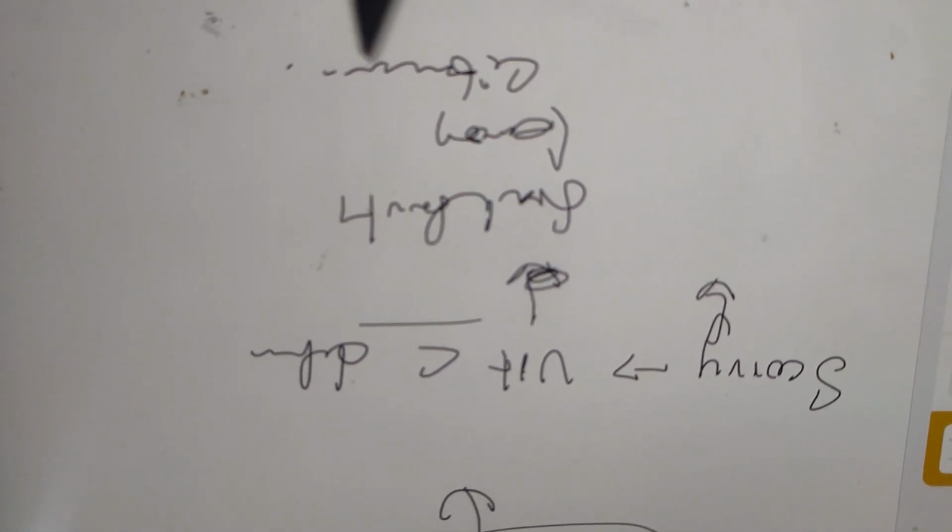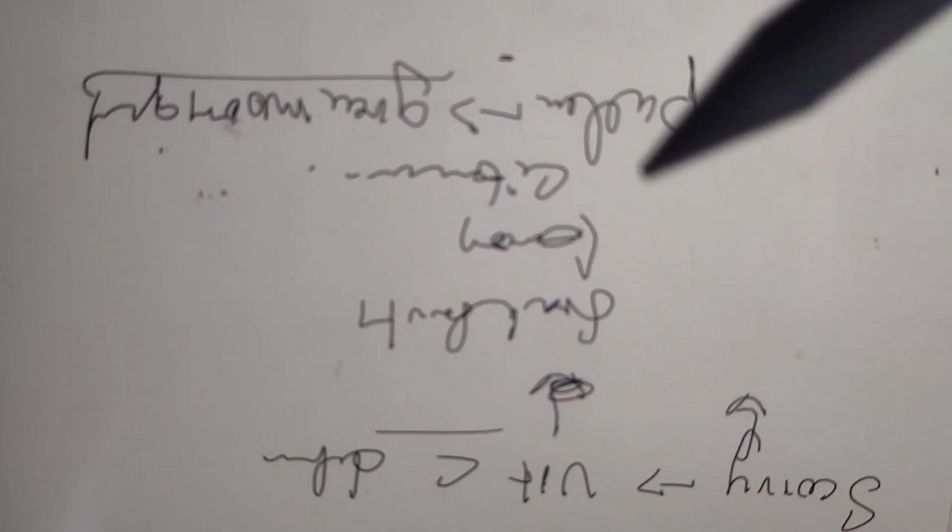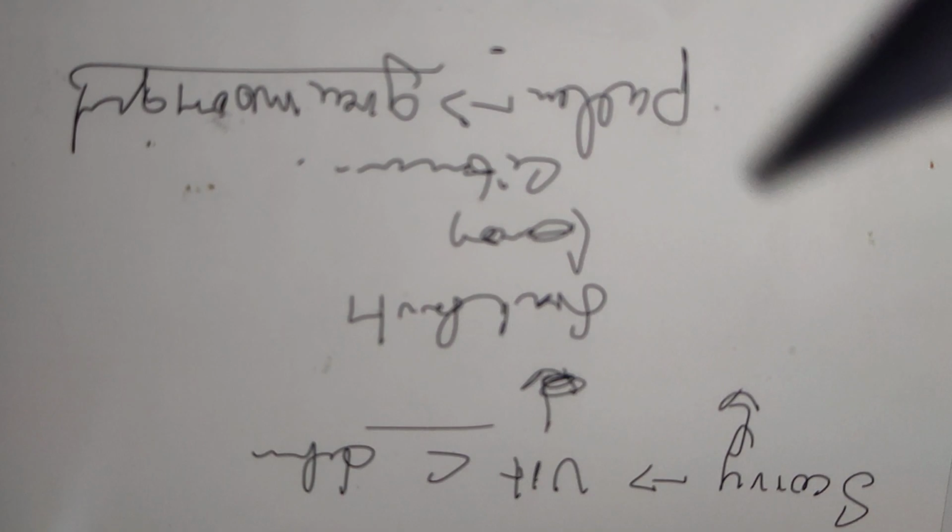Even pulses like green moong dal, all these cereals are rich in it, but it is not fully available in our body. Why?